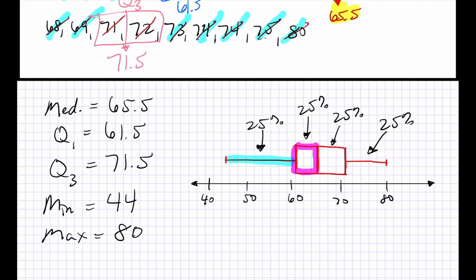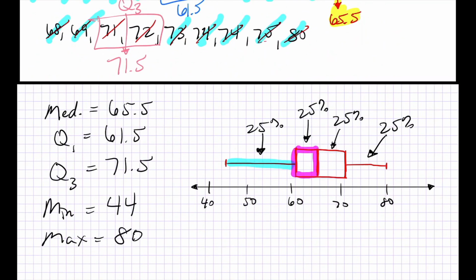So that's what causes the differences. 25% were from 62 to 65. Another 25% were from 65 and a half to 71 and a half. And then another 25% were from 71.5 to 80. So if numbers are bunched together, that's spread. That's what causes the lengths to be different.